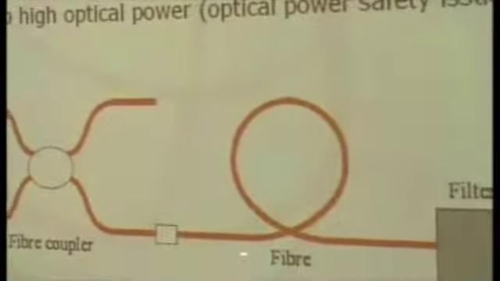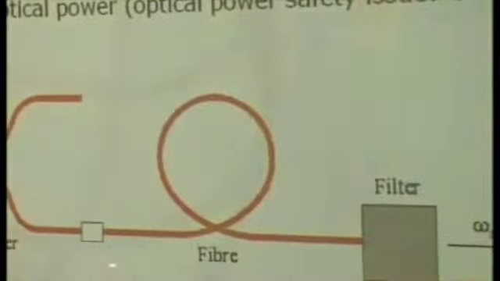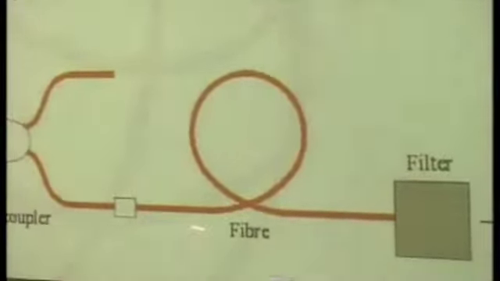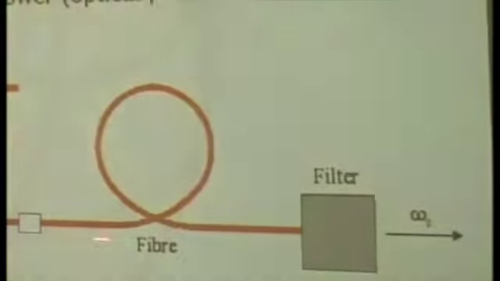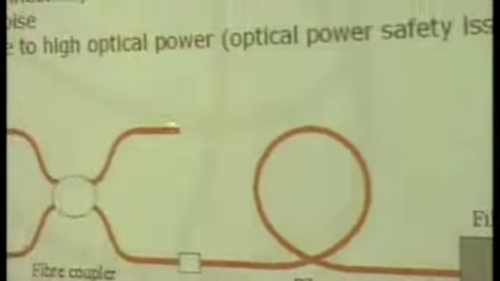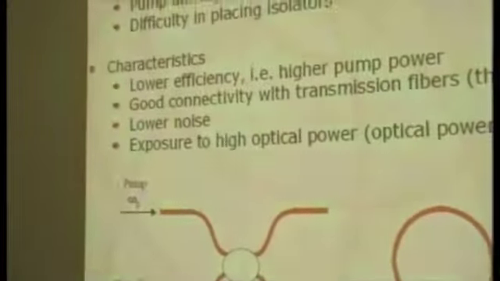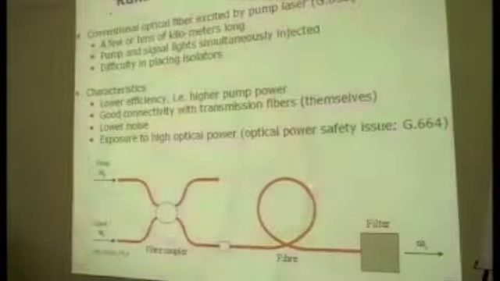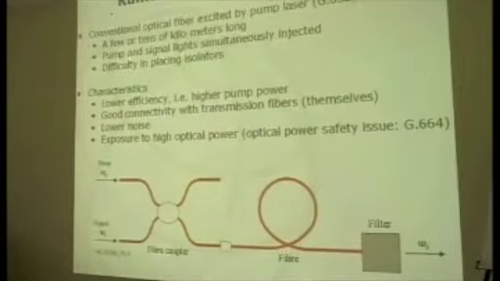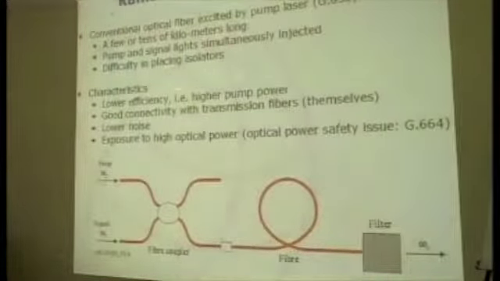An EDFA has an erbium-doped fiber, and this Raman amplifier doesn't have such an erbium-doped fiber, just transmission fiber. This fiber itself is maybe a few or tens of kilometers long, and the pump and signal are injected.